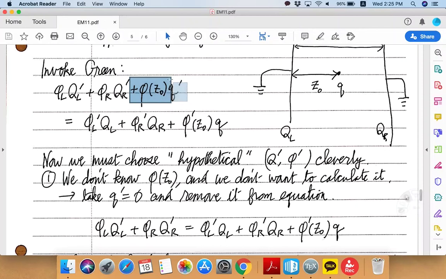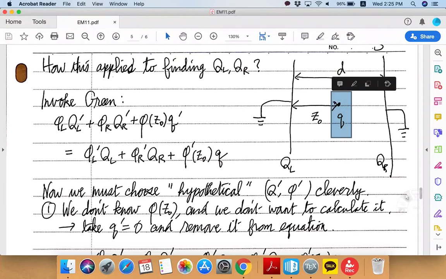And that's by considering a hypothetical situation where q prime is 0. That is, in our hypothetical situation, we don't put any charge whatsoever in the middle between a pair of capacitors.